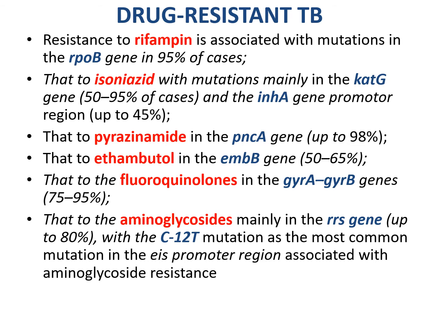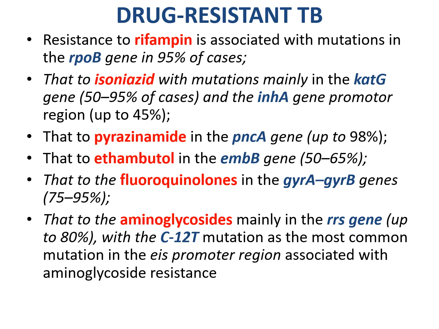Resistance to rifampin is associated with mutations in the rpoB gene in 95% of cases. Resistance to isoniazid is associated with mutations mainly in the katG gene, 50 to 95% of cases, and the inhA gene promoter region, up to 45%. Resistance to pyrazinamide is associated with the pncA gene, up to 98%.